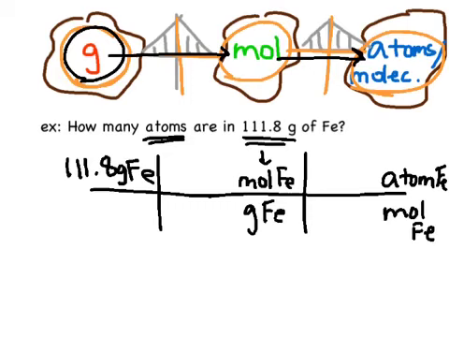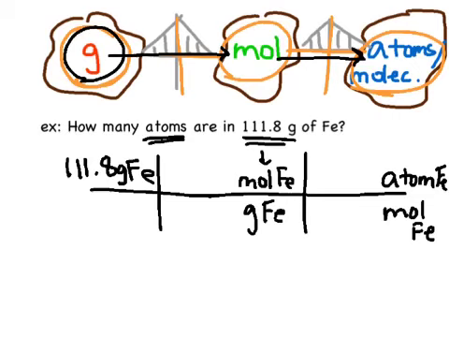So that's how it works. We're going to be going from grams to moles, moles to atoms. So again, you must do units first before you plug in the numbers. We have our units set out. Now we can look at our units to figure out what conversion factor numbers go there.